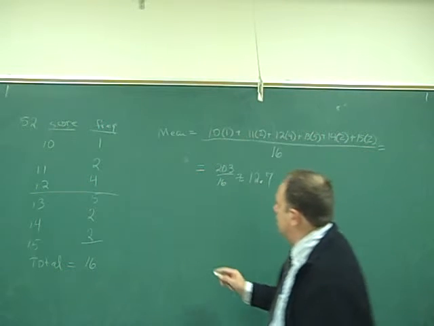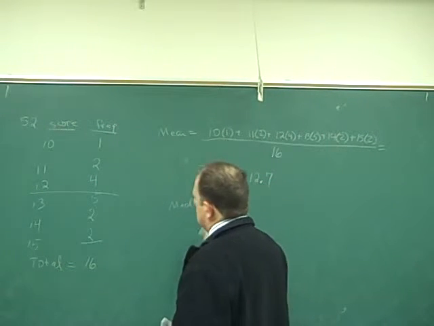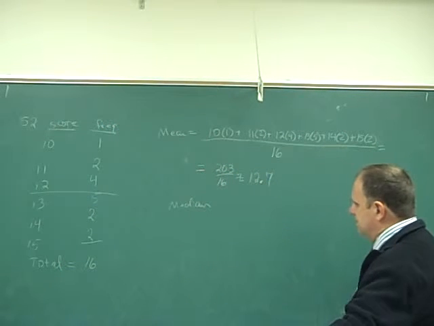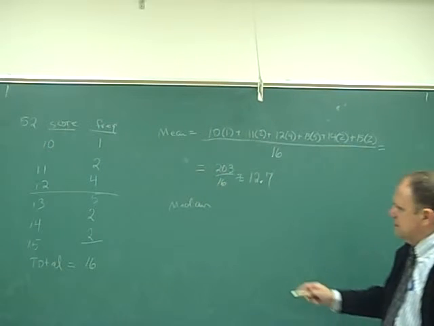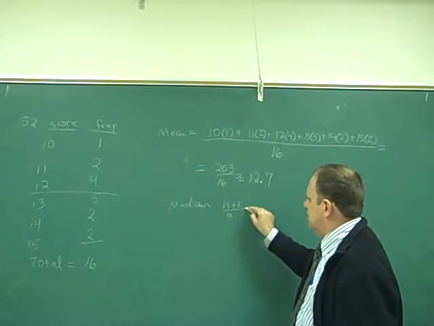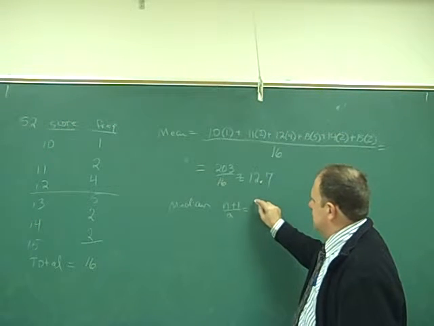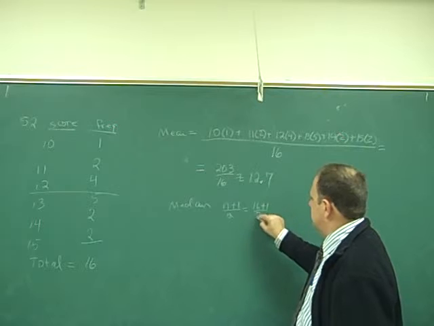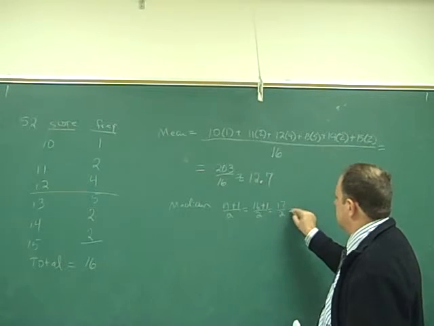Okay? Our median. Well, instead of stringing them all out, right, we can take that n plus 1 divided by 2, right? Which would be 16 plus 1 divided by 2. 17 divided by 2. Yeah, we get 17 divided by 2.